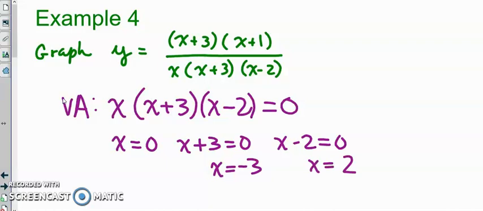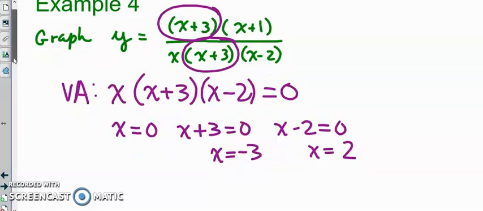Now with this, like I told you guys already, a hole can look like a vertical asymptote because you're doing the same process as you would for a vertical asymptote, but it actually ends up being a hole. Because x plus 3 is in the numerator and the denominator, it will be considered a hole.